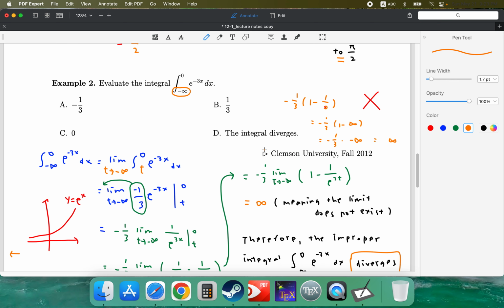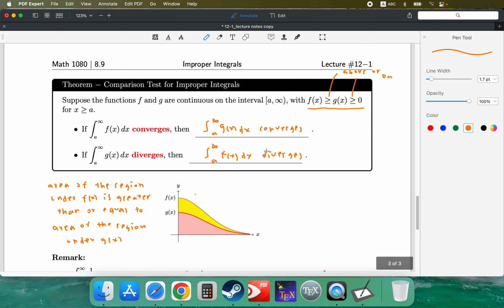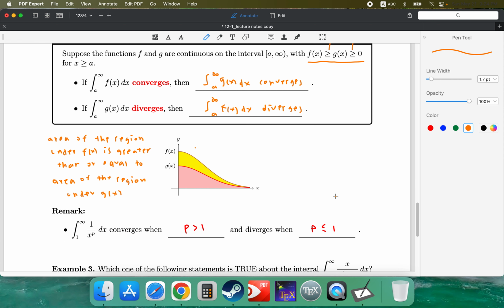On page 3 we also talk about the comparison test for improper integrals, and basically there are no techniques here. All you need to know is that if I have a larger region, then I will have a larger area.